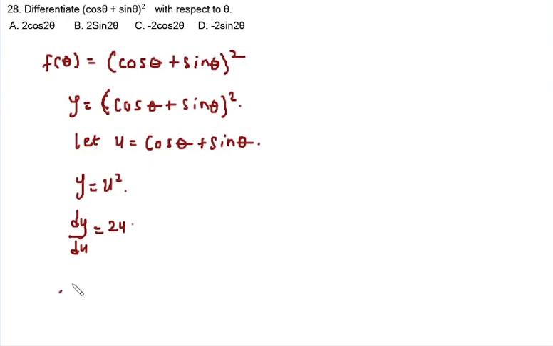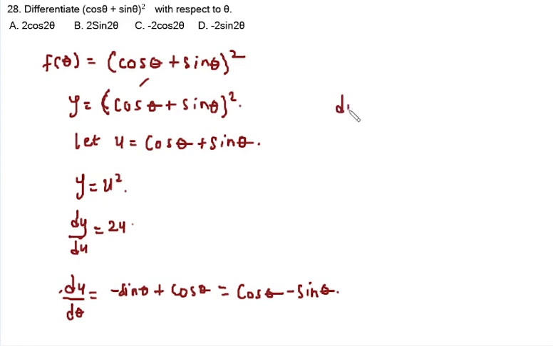Differentiating u with respect to theta gives you du over d theta. Differentiating cos theta is minus sine theta, and differentiating sine theta is plus cos theta. So this is equal to cos theta minus sine theta. From here, we can do the original derivative: dy over d theta is equal to dy over du times du over d theta.